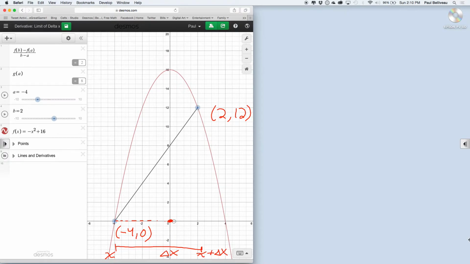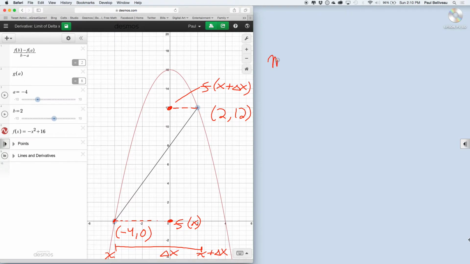Okay? If this is my x, the corresponding y is f of x. If this point down here is x plus delta x, then my new y value must be f of x plus delta x.